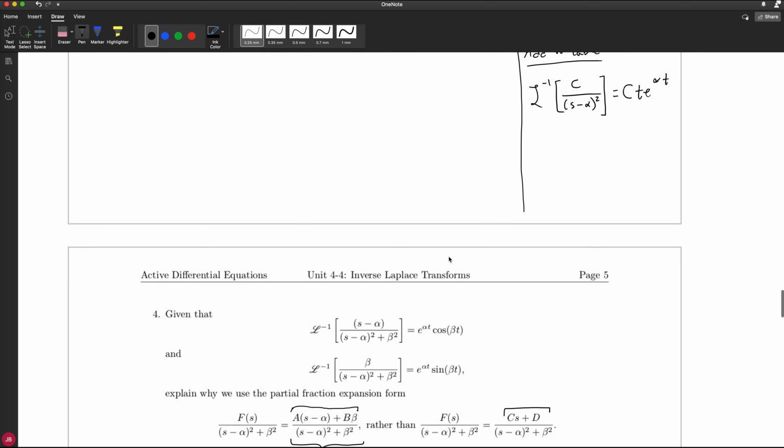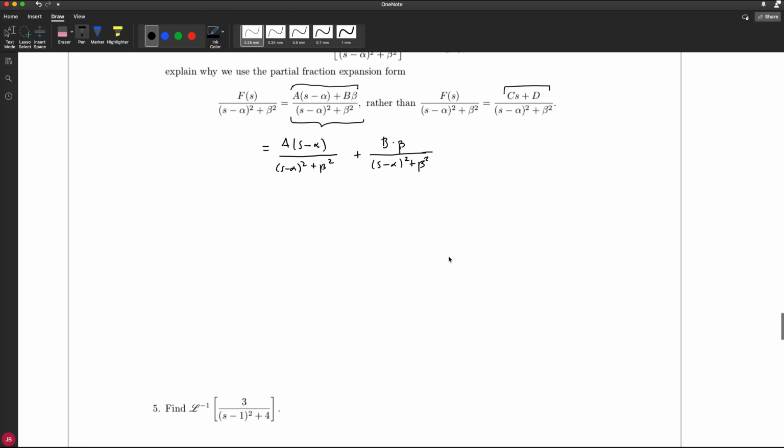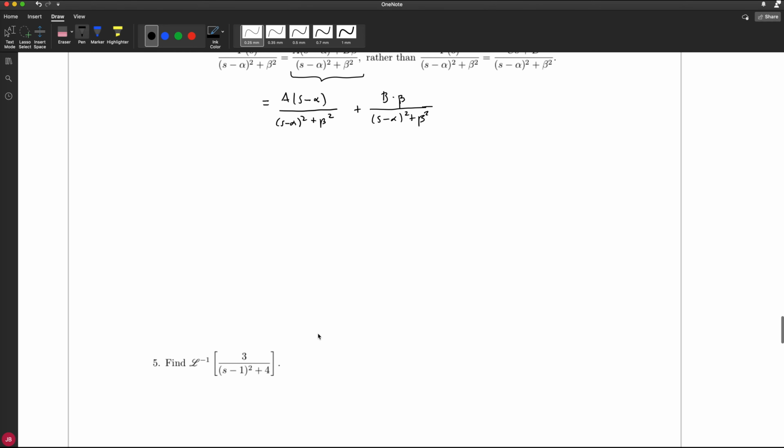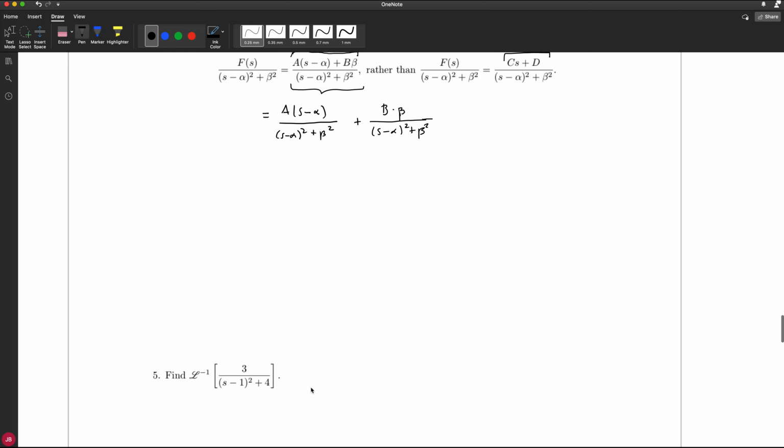So when we're dealing with repeated linear factors on the bottom. So let's first find this one, and then you'll notice I added a couple more exercises just for some extra practice. But let's find the Laplace inverse of this one right here. Well, you'll notice, what do I need the numerator to look like?